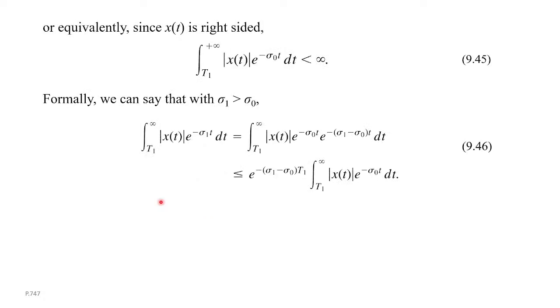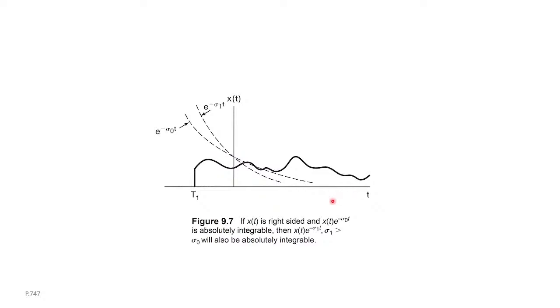That's very intuitive, and you can check those with the equation here and prove that it's true. So we can only look at the intuition here. This x of t times e to the minus sigma t is convergent for some sigma 0.